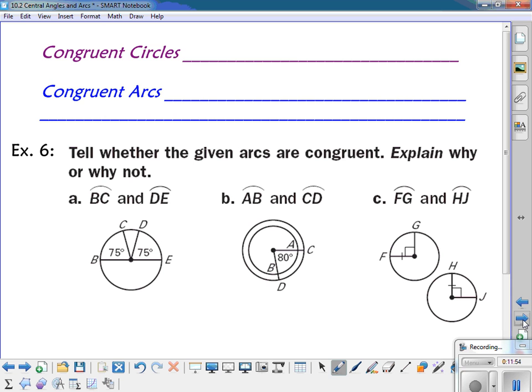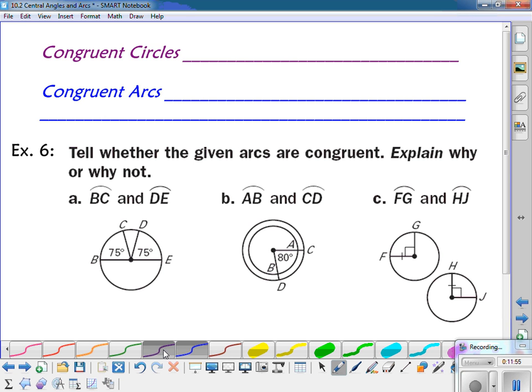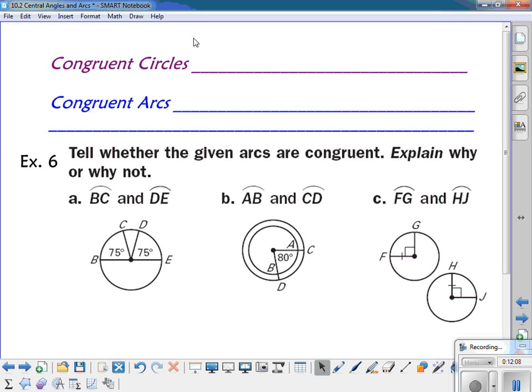All right, congruent circles. Congruent circles are circles that have the same radius.